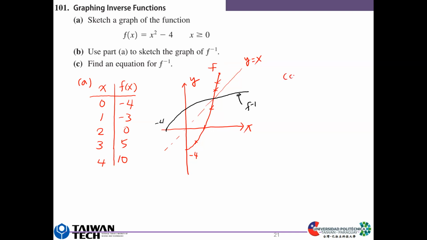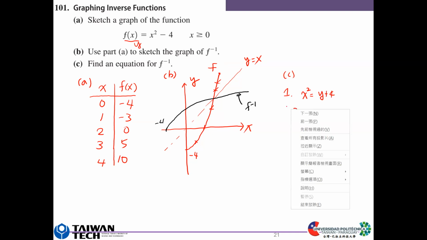And for part B, find the equation of f inverse. It's easy, with two steps. First, suppose f of x is y. Then x squared equals y plus 4, so x equals the square root of y plus 4.